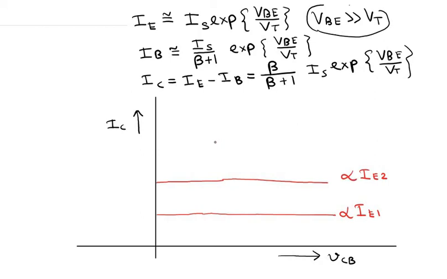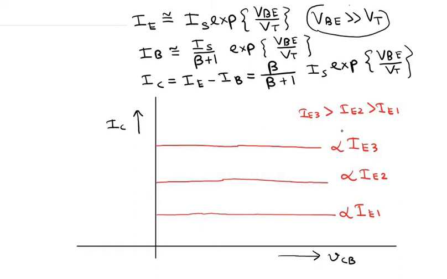This is alpha times IE2, and if the emitter current further increases, the collector current again increases, because as I said, the collector current is generally a fixed fraction of the emitter current, and for a good transistor this quantity alpha is greater than 0.99. In this plot, IE3 is greater than IE2, which is again greater than IE1.